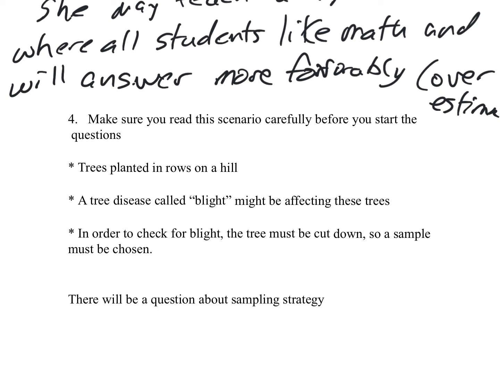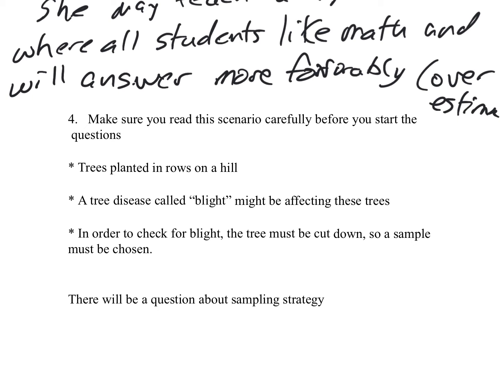You have a hill with a whole bunch of trees on it. I'm sure it's a big hill. There's a disease called blight that might be affecting these trees. In order to check for blight, the tree must be cut down, so a sample must be chosen. You don't want to cut all the trees down. It's not wise. You're going to cut a few trees down and see if it has blight.